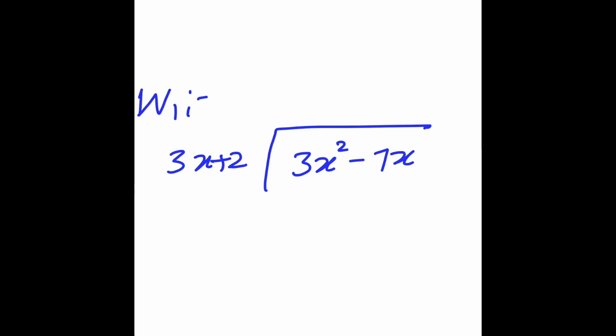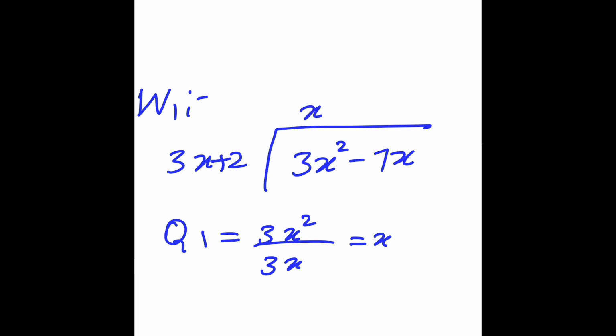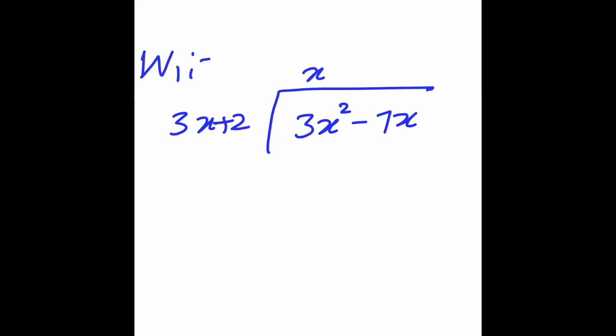First, we are going to be dividing the leading term of the numerator, which is 3x squared, by the leading term of the denominator, which is 3x, which gives us first quotient Q1 equals 3x squared divided by 3x, that is equal to x. The first term of the quotient is x. Now multiply x by the entire denominator, which is 3x plus 2. This is going to be giving us 3x squared plus 2x.